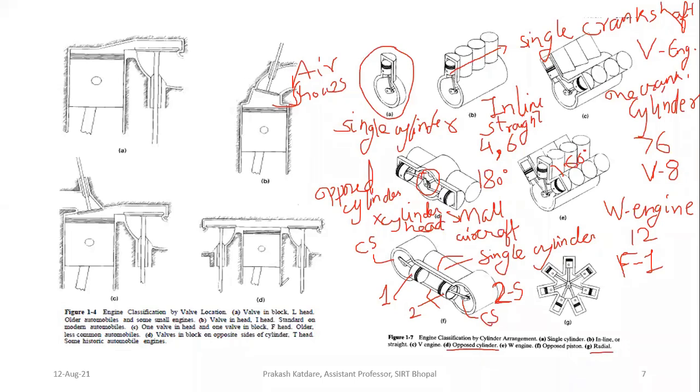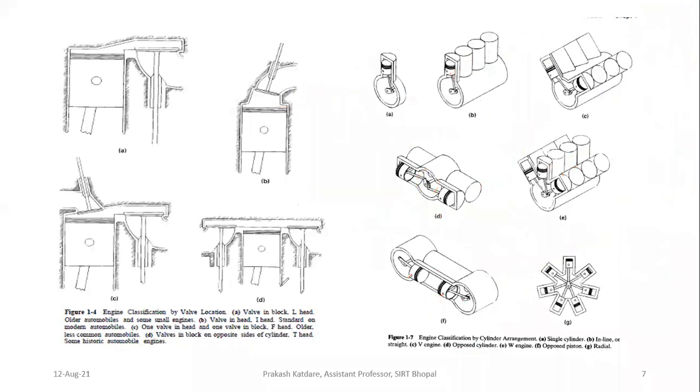This radial type of engine is the one in which we have more than two cylinders which are equally spaced around a single crankshaft. At a center position, we have a crankshaft, and around this, we have a number of cylinders which are equally spaced in the circumference of a circle.